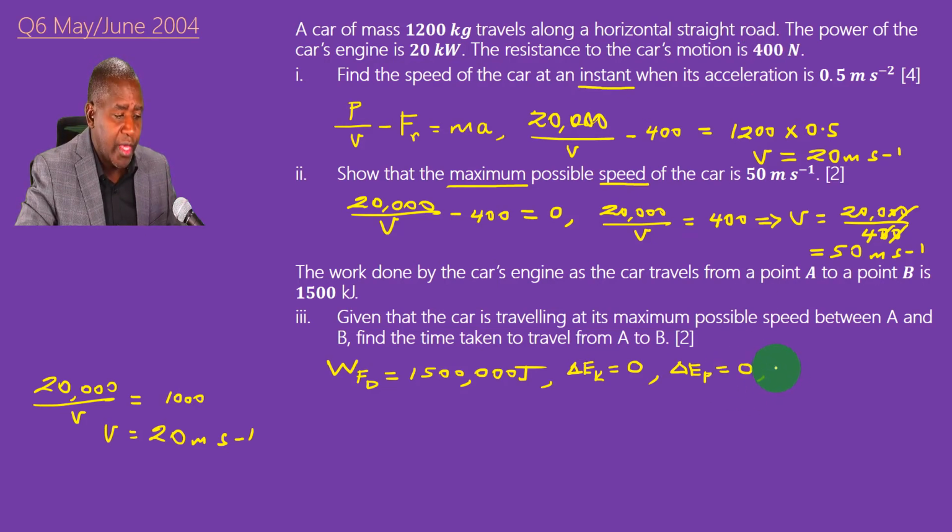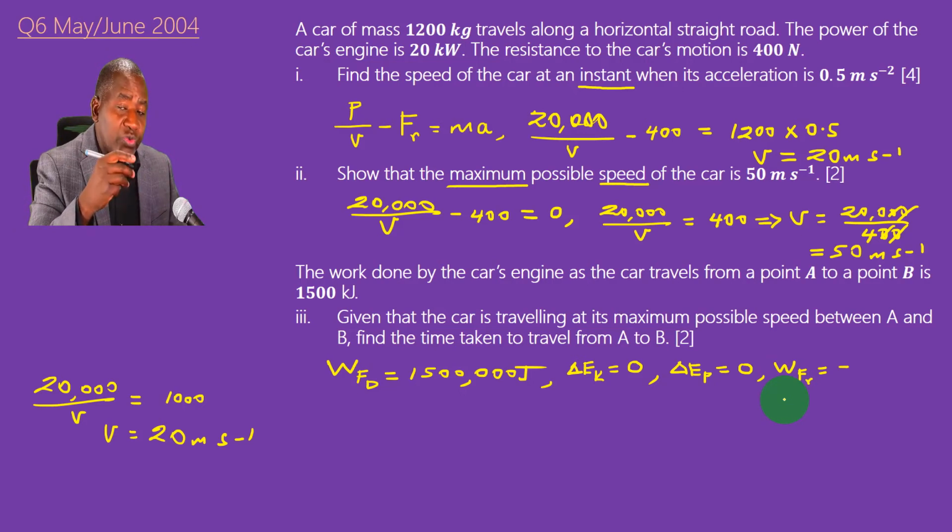I'm left with the work done by resistance. This will be equal to the resistance force, and it must have a negative sign because I'm talking about work done by that force. Remember what we did in the previous question.